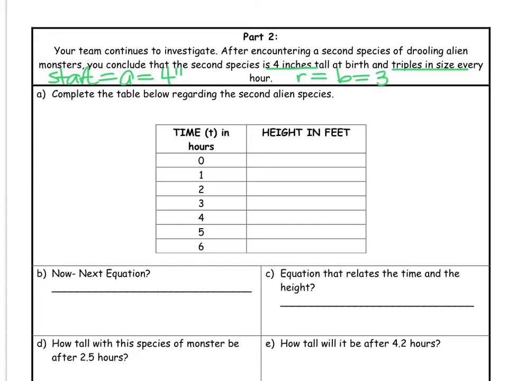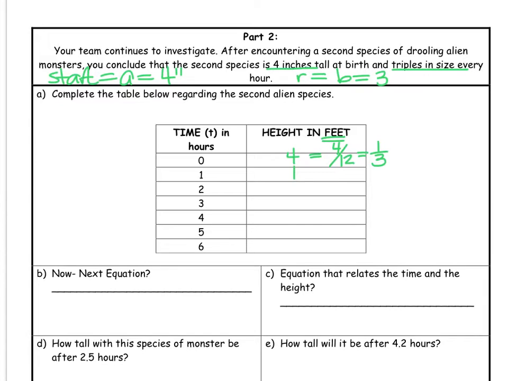So if the alien is starting out at 4 inches, but we want to write that in feet. So instead of writing 4 inches, it's 4 out of 12 inches, which is 1/3 of a foot. So if it is tripling every hour, if we multiply 1/3 times 3, we get 1.